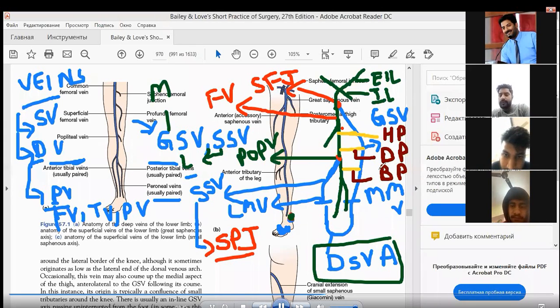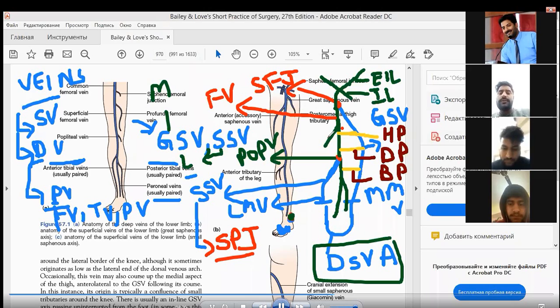So Boyd's perforator below the knee, Dodd's perforator above the knee, and the Hunterian perforator in the mid thigh region. There is also another perforator known as Cockett's perforator, the supra ankle perforators here in the leg region. The function of these perforators is that they connect your superficial veins with the deep veins.